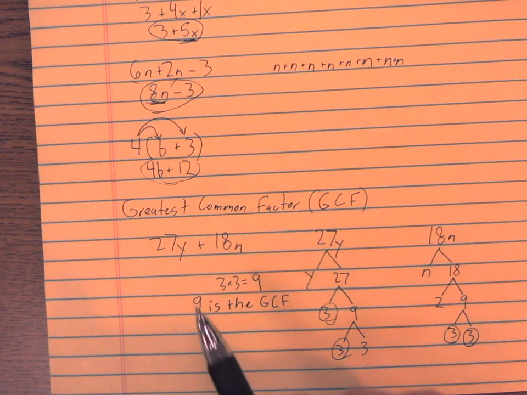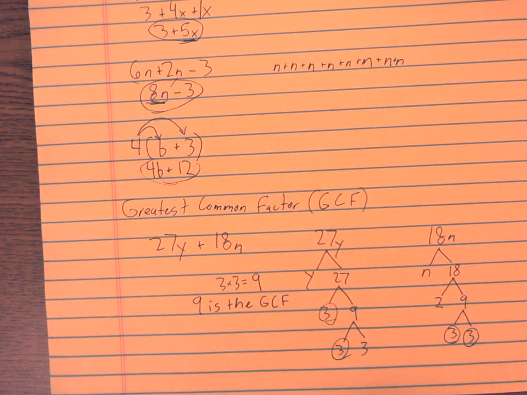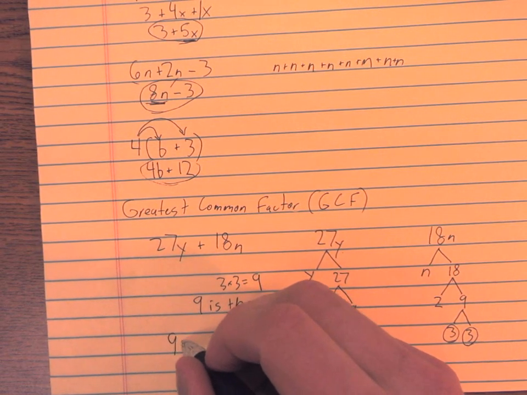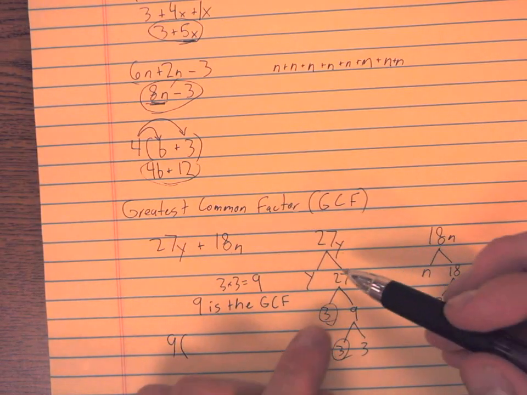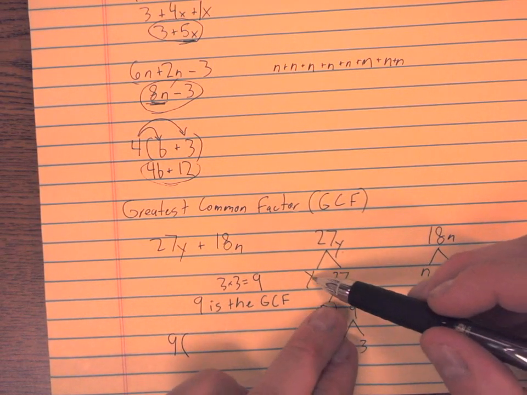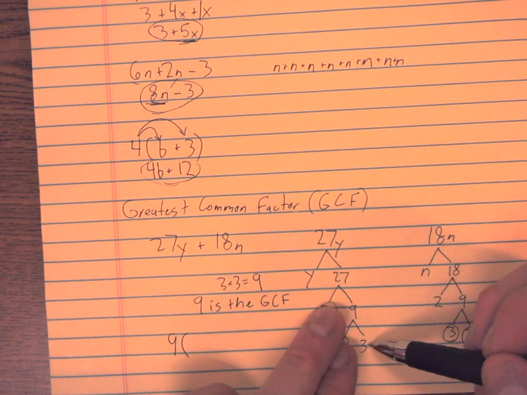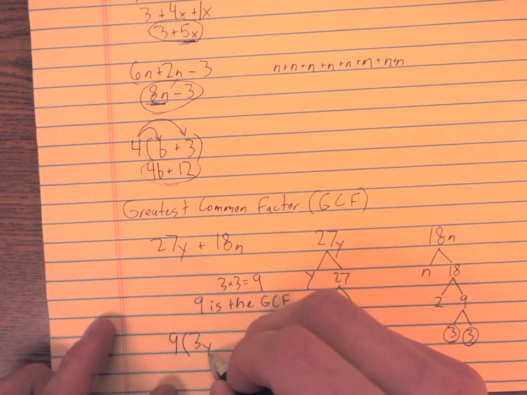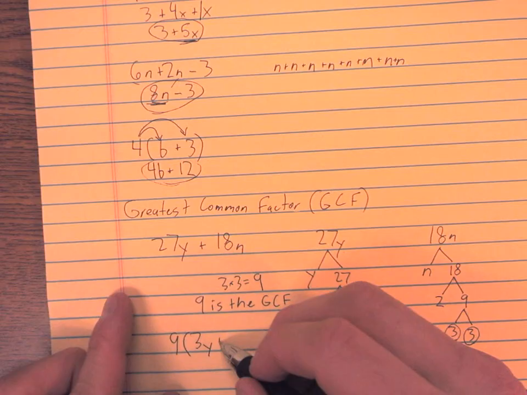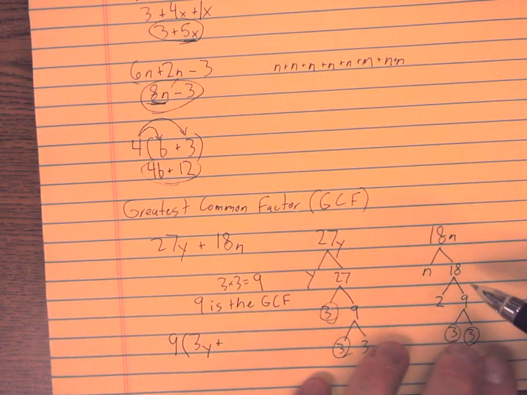Which means when I go to undistribute this expression, my 9 gets pulled out, and now I'm multiplying to see what's left. What's left in my 27y is 3 and y. So I multiply 3 times y, and I have 3y. I add what's left of my 18.